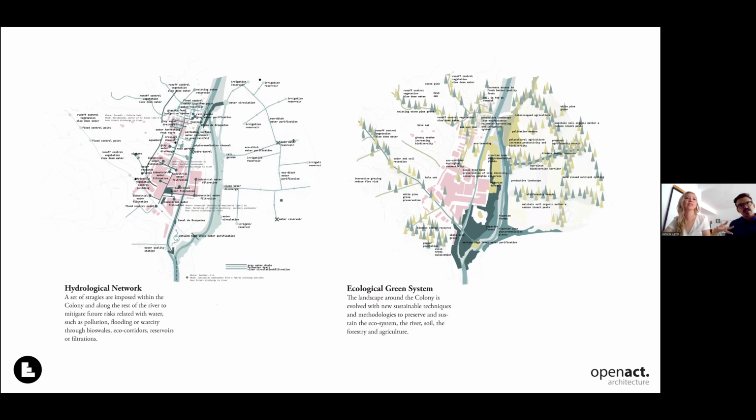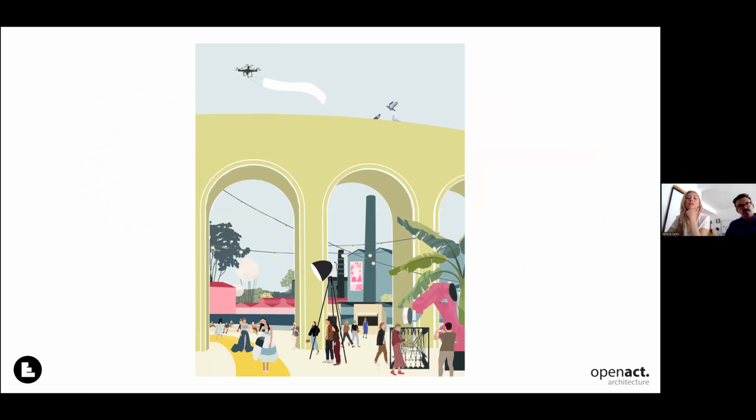And here you see the entire hydrological network and the ecological green system. This zoom in to the industrial area is completely in relation with the larger scale maps that we had done previously. And we can see, at a close-up scale, how the program is changing this space, how the historic restoration will be changing this space, how the ecological restoration will be changing this space.